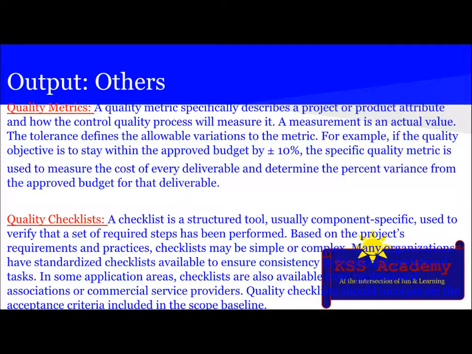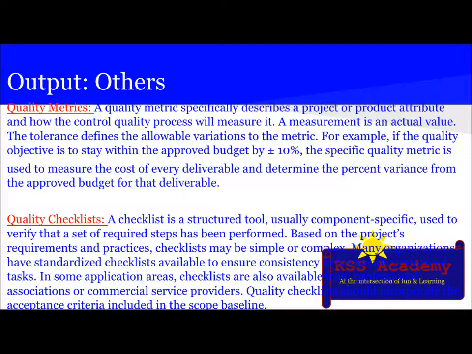Then there is the quality checklist, which is a structured tool, usually component specific, used to verify that a set of required steps has been performed. Based on the project requirements and practices, checklists may be simple or complex. Many organizations have standardized checklists available to ensure consistency in frequently performed tasks.